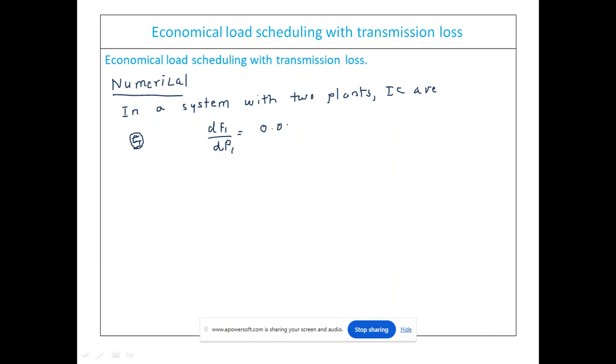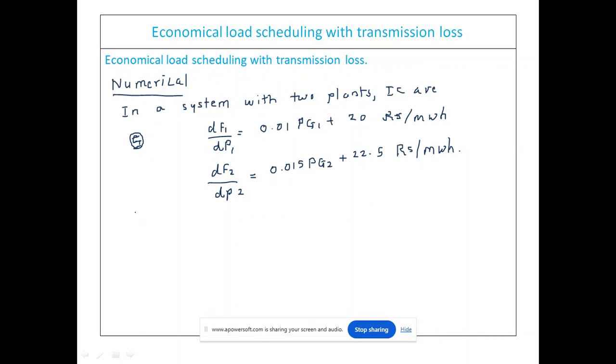This is 0.01 PG1 plus 20 rupees per megawatt hour. Then df2 divided by dp2 is equal to 0.15 PG2 plus 22.5 rupees per megawatt hour.